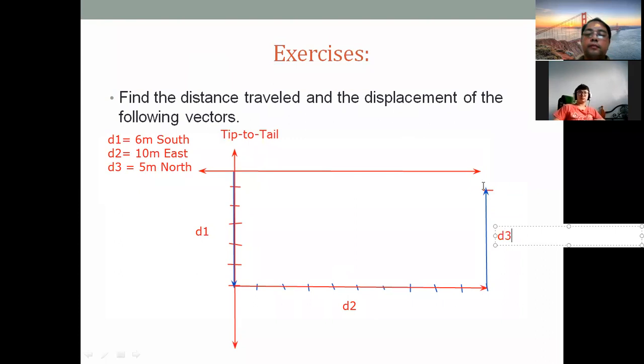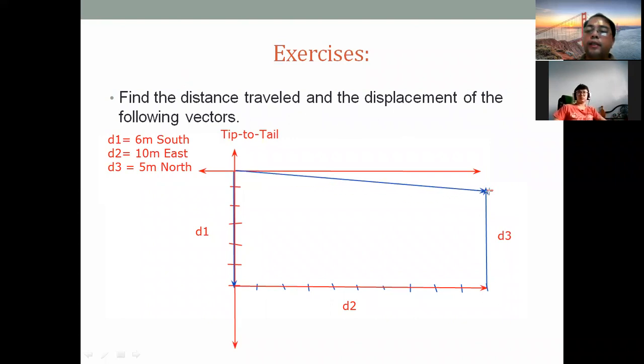Now, where is the resultant? The resultant is from the starting point to here. More or less, if we use our scale, that will be 10 centimeters, and 10 centimeters would be equivalent to 10 meters as well.